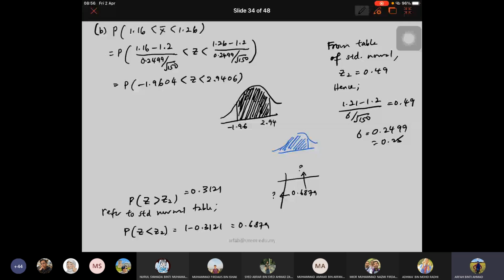Okay. So awak ambil probability of Z less than 2.94 tolak probability of Z less than negative 1.96. So refer standard normal punya table. So dapat jawapan berapa? Cuba buat.